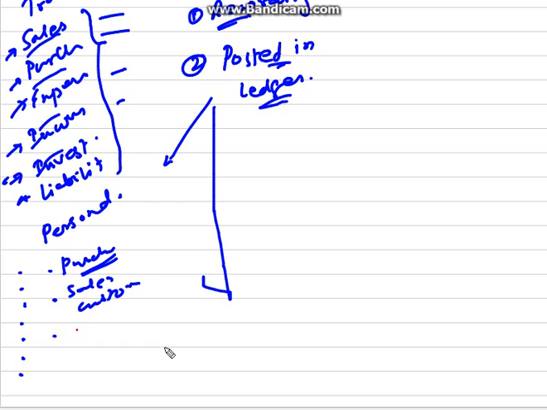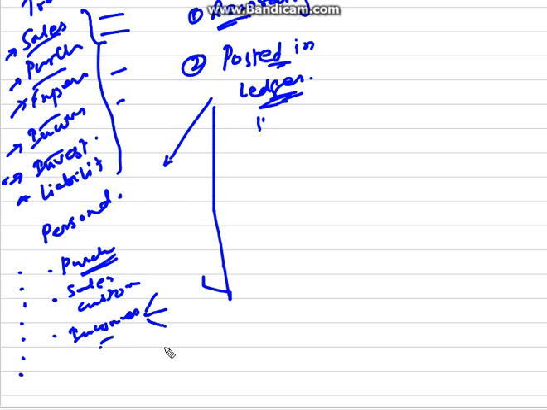Then what kind of incomes you generate, different categories of income from the sale of goods, from the interest earned, and all the different sources of income. This all will be done in the posting of ledgers, right?